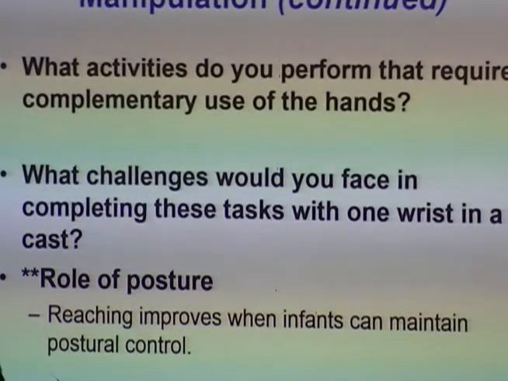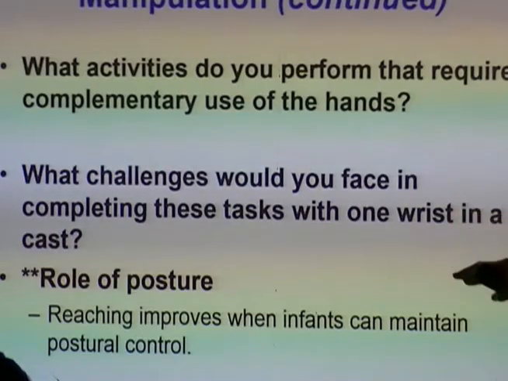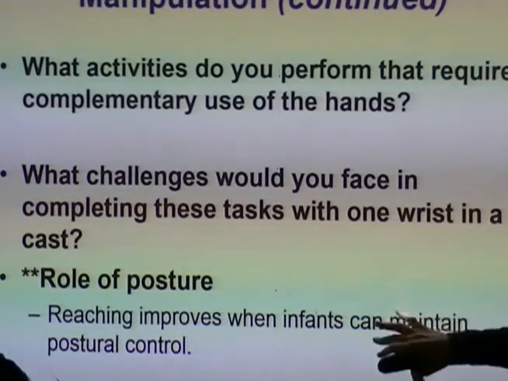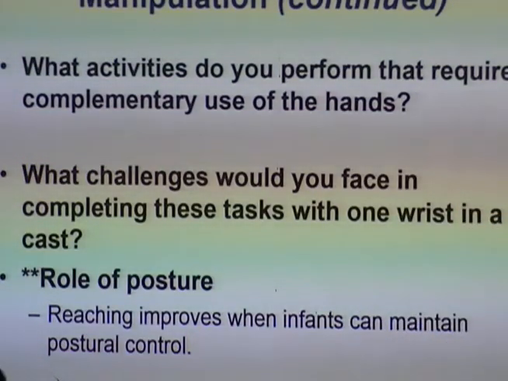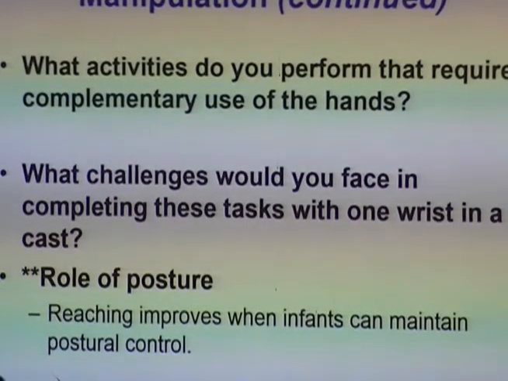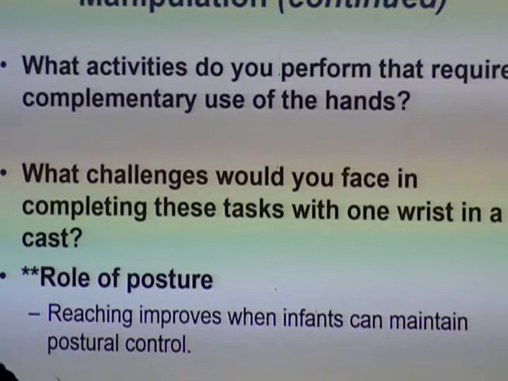As we're learning, reaching and grasping, posture plays a big role. Reaching improves. We see a big change in reaching and manipulation skills around 6 to 7 months, at the point when the baby can sit up on its own unsupported.